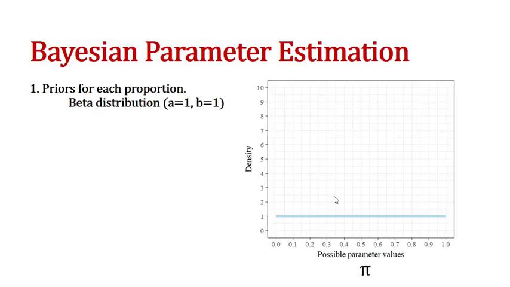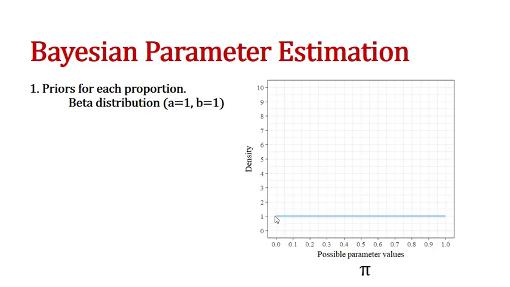Bayesian parameter estimation always involves defining a prior. Here what we want to estimate are 5 proportions in a population. We call each of those proportions pi. We have a prior distribution for each pi, let's say pi yellow, which is what we call an uninformative prior.